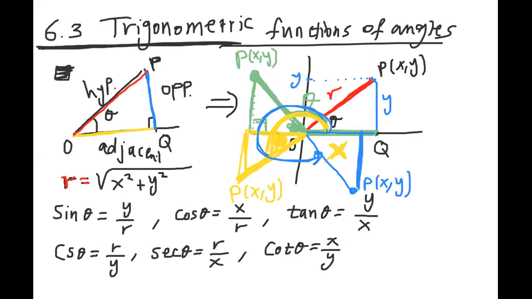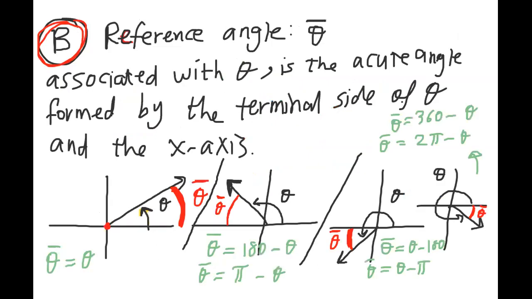This is my right angle, I will use it. This is my right angle, and this is my right angle here, and the green one here. Why? Actually, I'm using the reference angle.